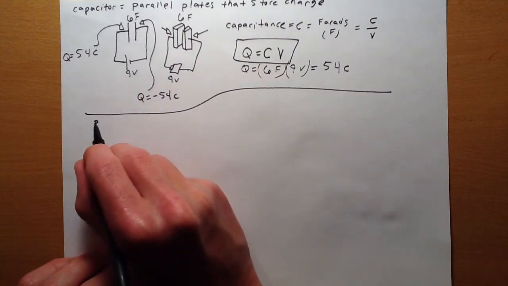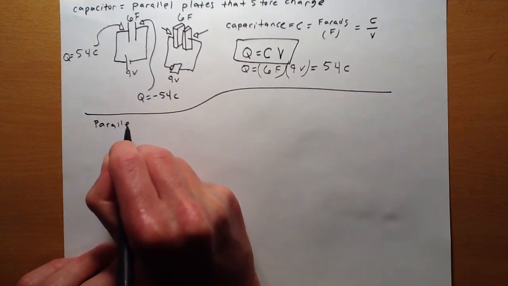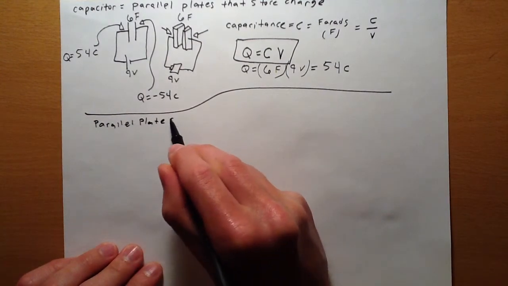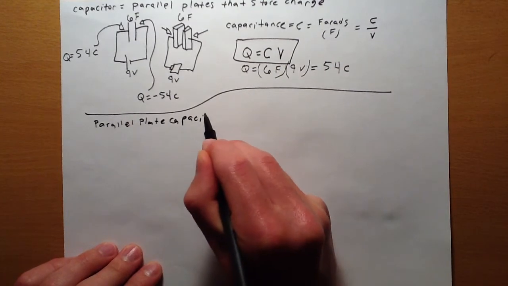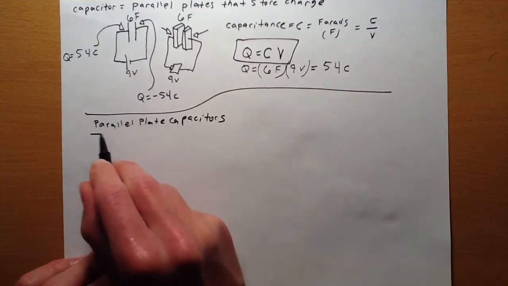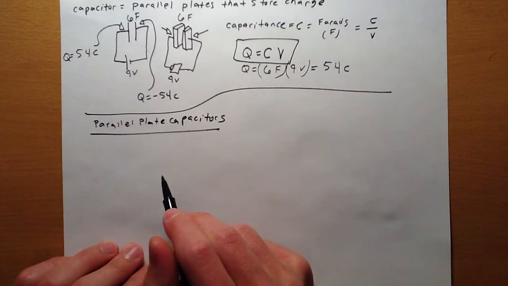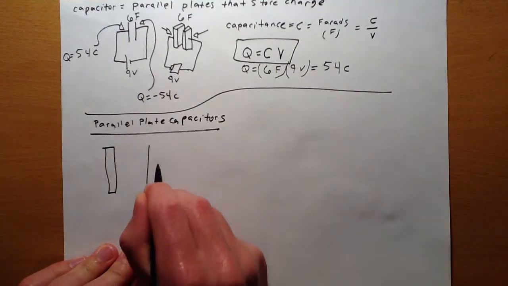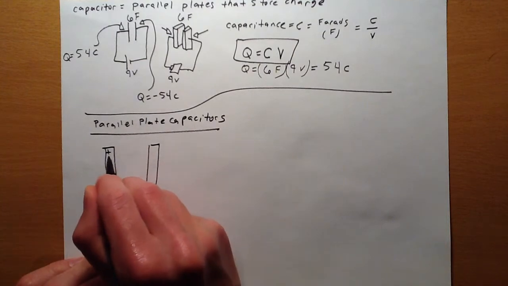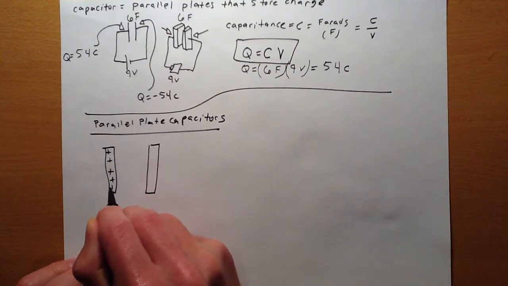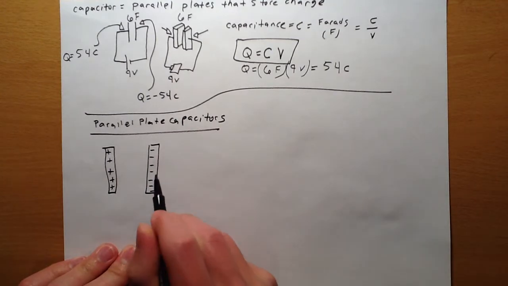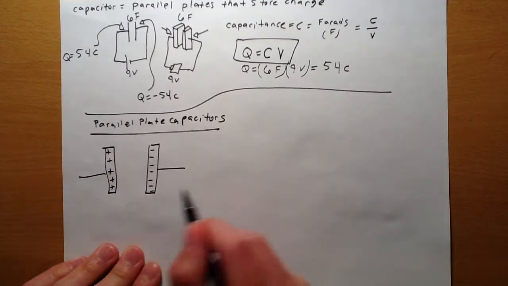So, we're going to go over parallel plate capacitors. So we have these two plates. One is of positive charge, like in this example, and the other is of negative charge. And they're attached to something.